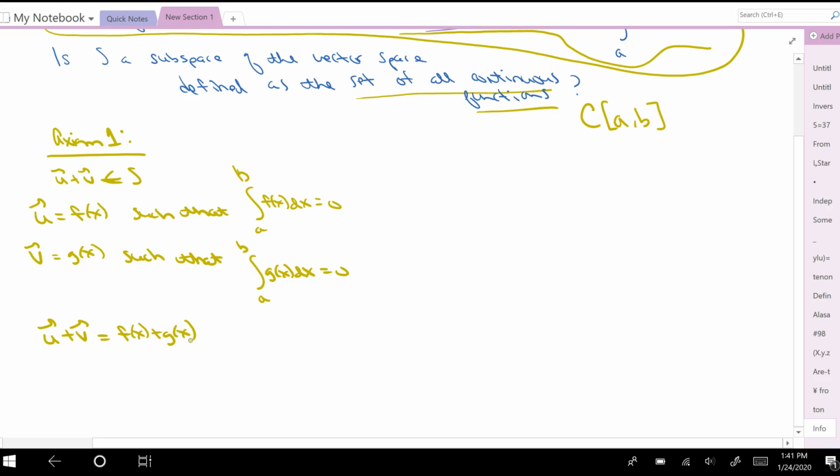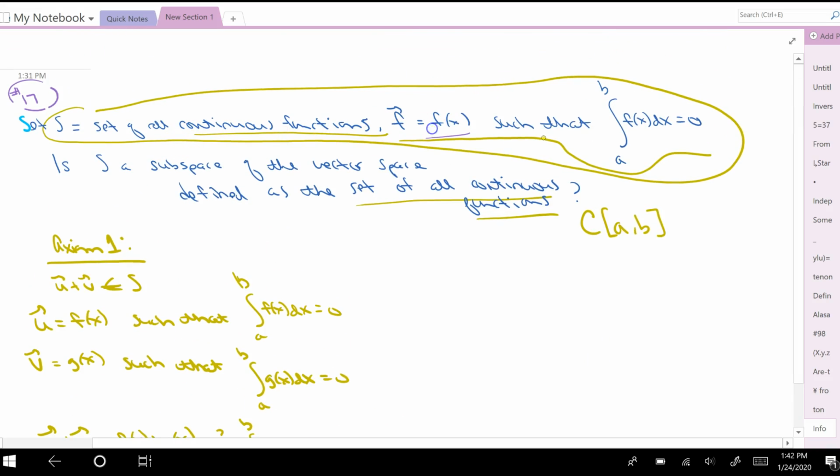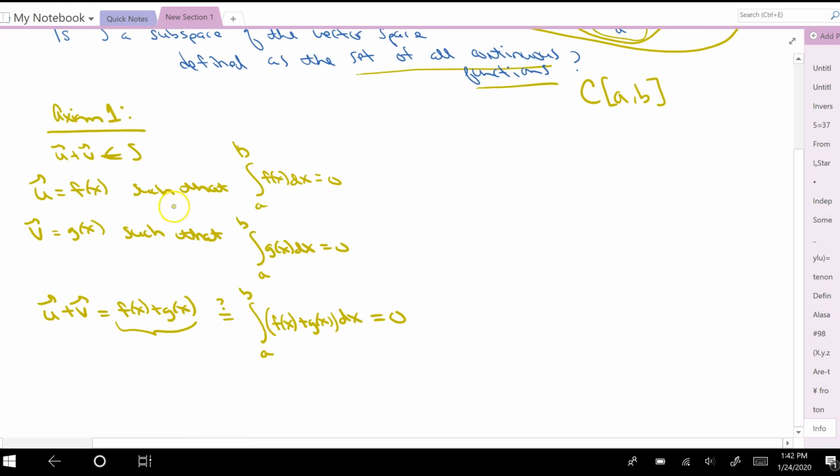Then the question is, will this yield a continuous function such that the definite integral from a to b of f of x plus g of x dx equals 0, given u and v here?